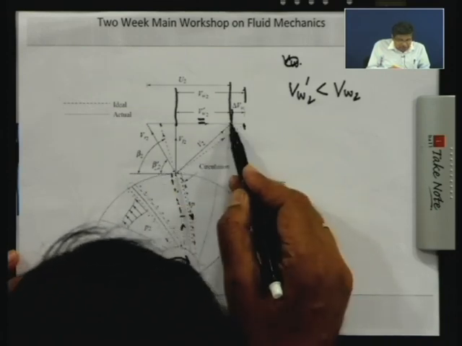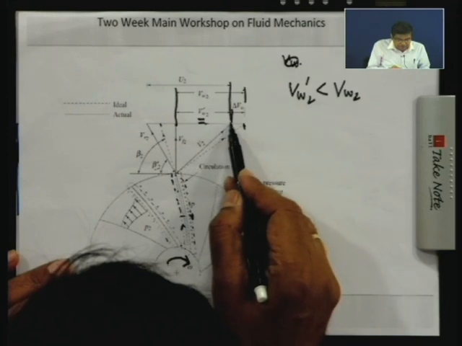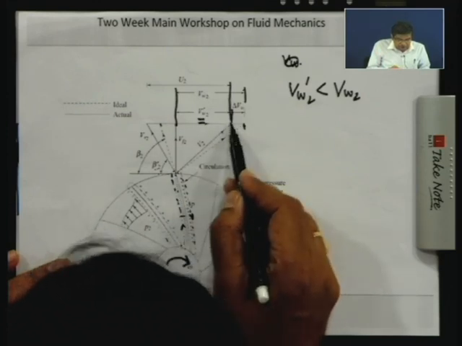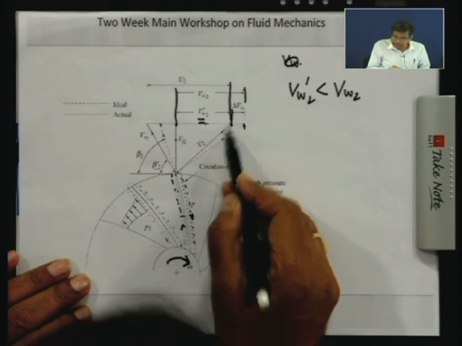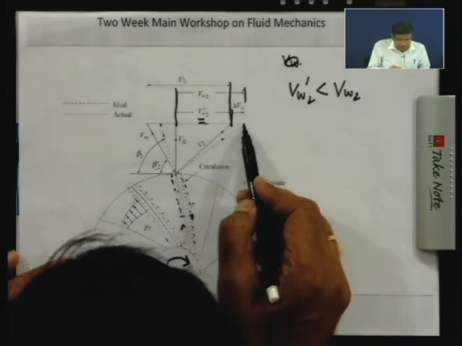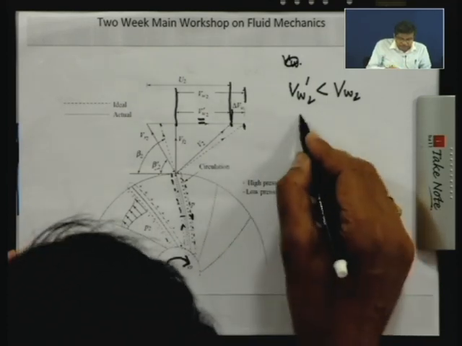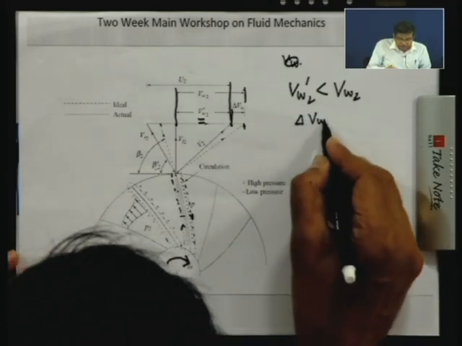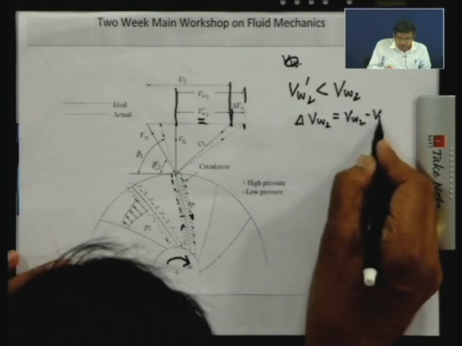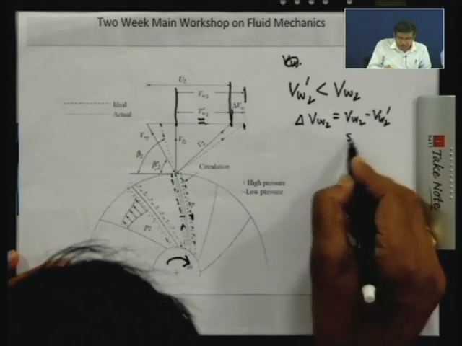So you see the tangential component of the absolute velocity, which is responsible for the head developed, is lower than the tangential component of the absolute velocity in the ideal case. And this difference, delta Vw2, equal to Vw2 minus Vw2 dash, is known as slip.